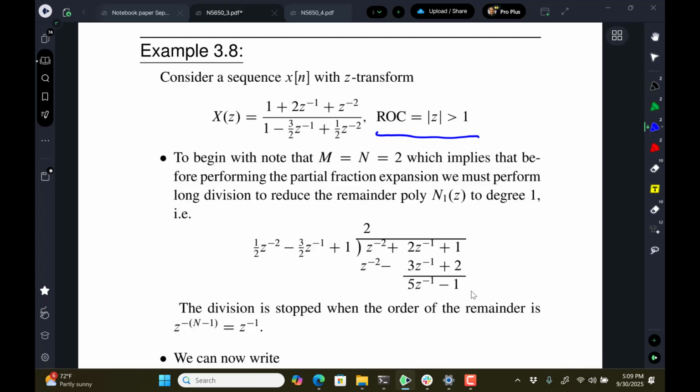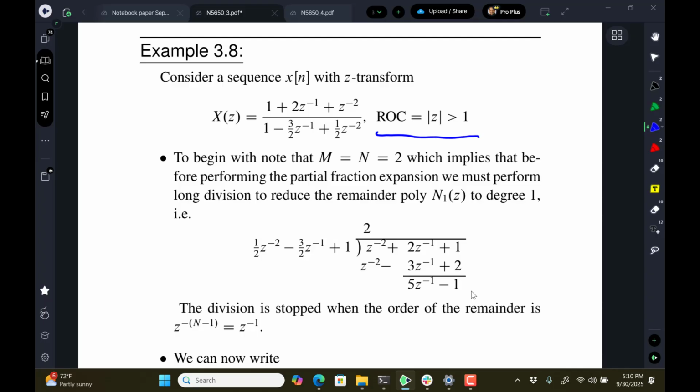So if it was causal, you would just say that the region of convergence is the exterior of the circle corresponding to the largest pole radius, right? And then, like last time, if it was anti-causal, it would be less than the magnitude of the smallest pole radius. So this one just picks this scenario, magnitude of z greater than 1.